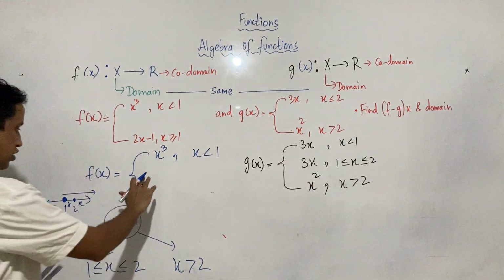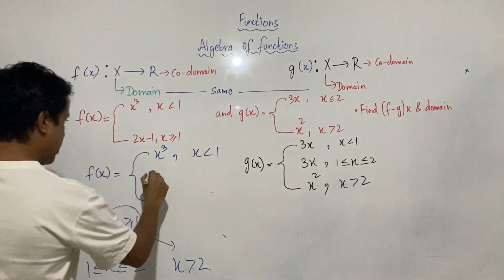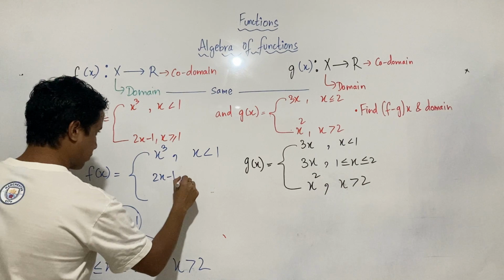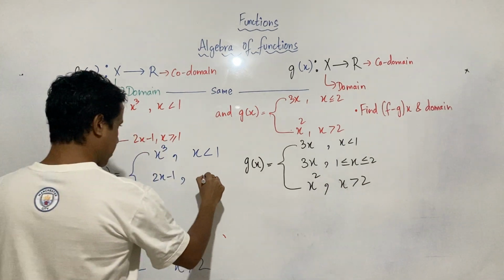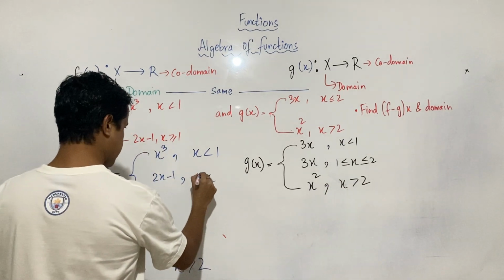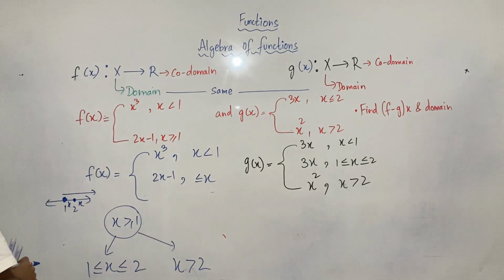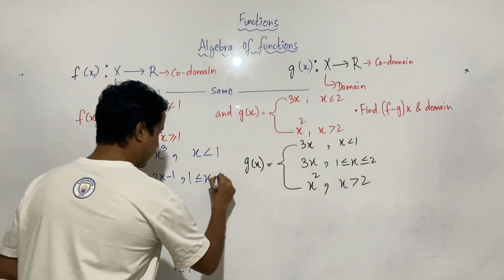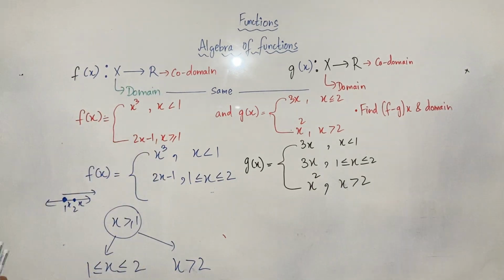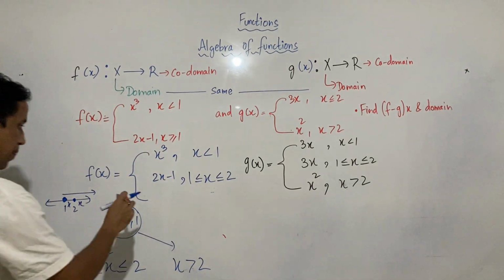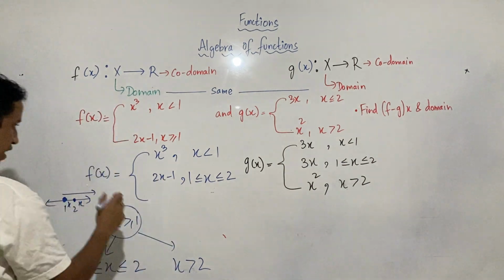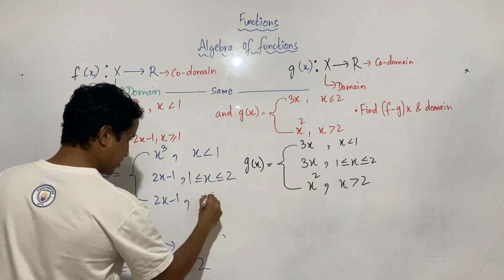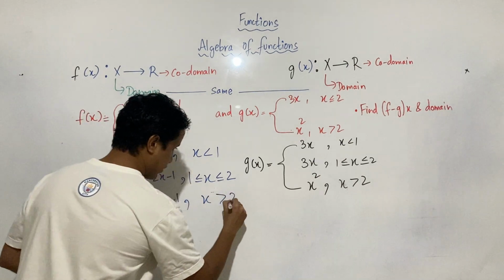So here, I will say f(x) is going to be 2x minus 1 when x belongs anywhere between 1 and 2, right? Both 1 and 2 included. And then the next definition is 2x minus 1, where x is greater than 2.